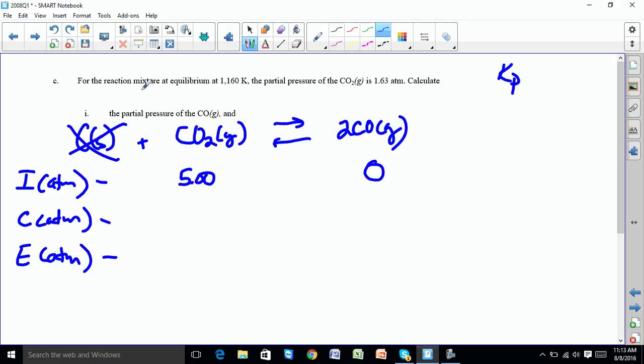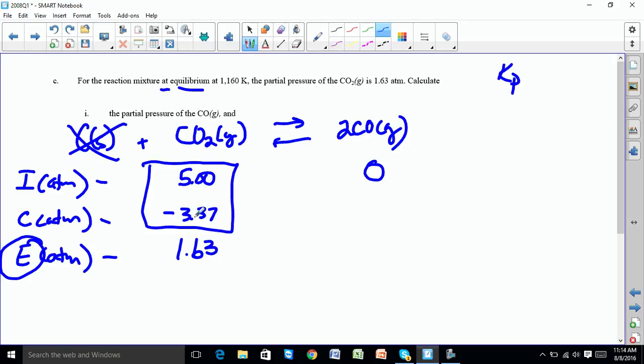And now this is interesting. The partial pressure at equilibrium means we're in the E row. The partial pressure of the CO2 is 1.63 atmospheres, and then they want you to calculate this. Now, here's what I like. This has to be negative 3.37, because remember, you always get the E row by adding these.